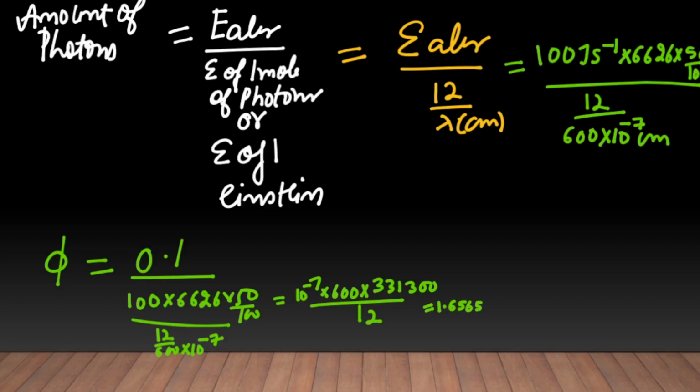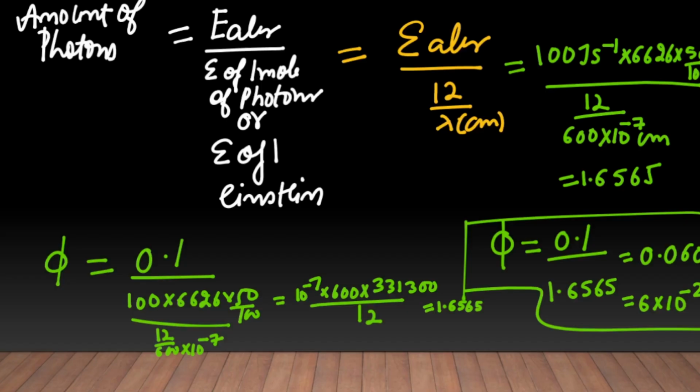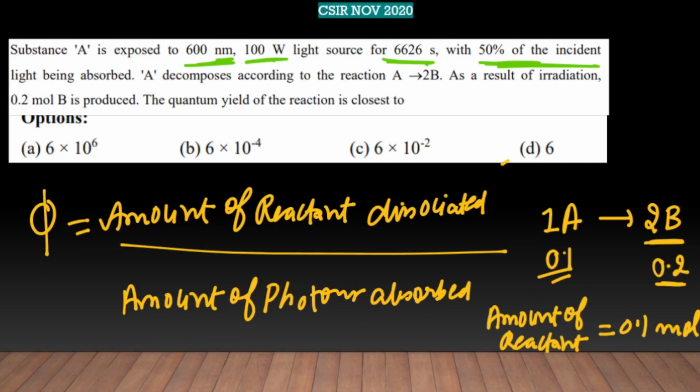So the quantum yield will be equal to 0.1 upon 1.6565, which gives the value of quantum yield as 0.060, that we can write as 6 into 10 raised to the power of minus 2. So this is going to be the quantum yield. The answer becomes 6 into 10 to the power of minus 2, option C, the correct answer in this case.